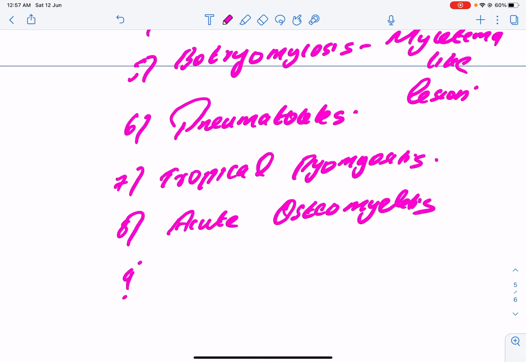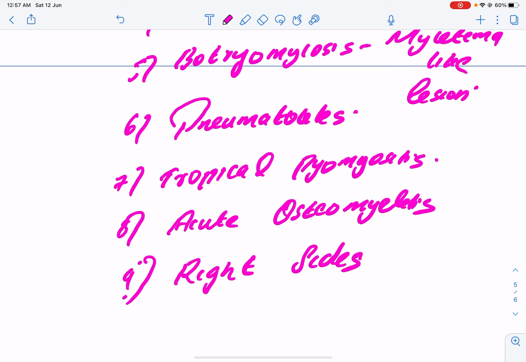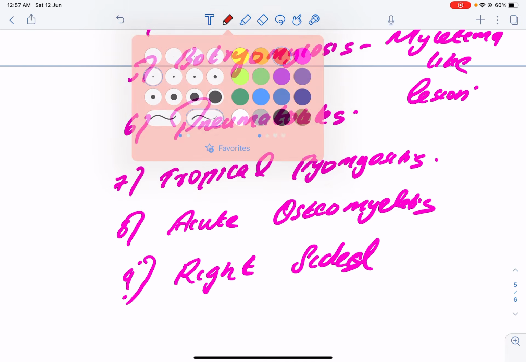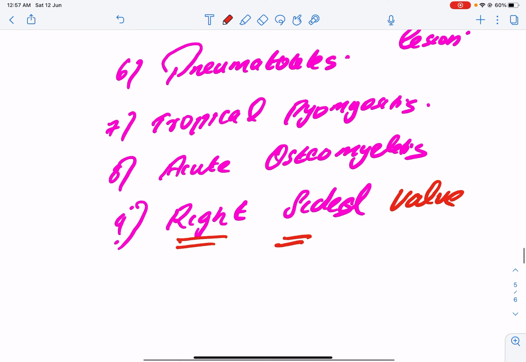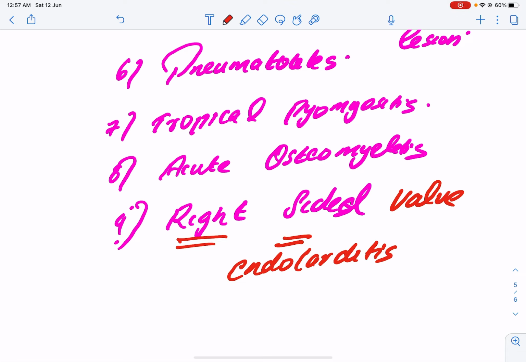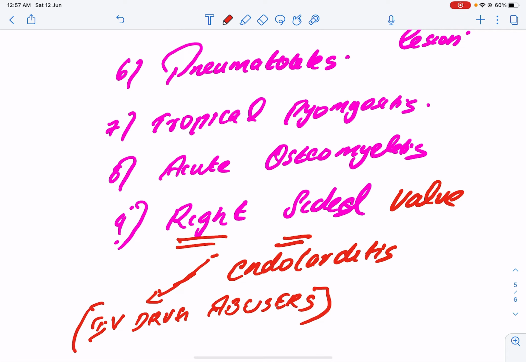They can cause right-sided, that is very important, right-sided, underline that, right-sided valve endocarditis. That mainly happens with what? IV drug abusers.